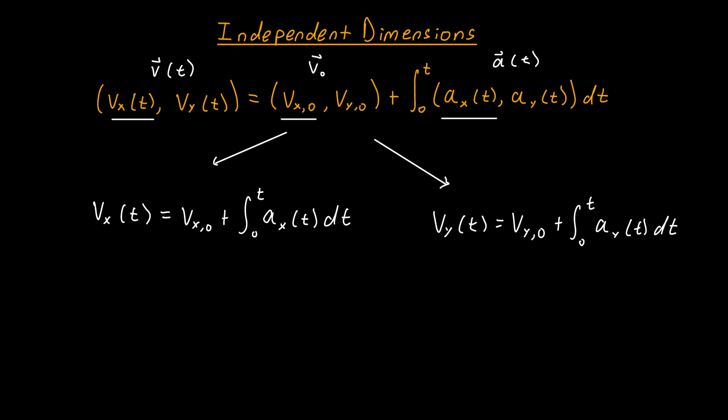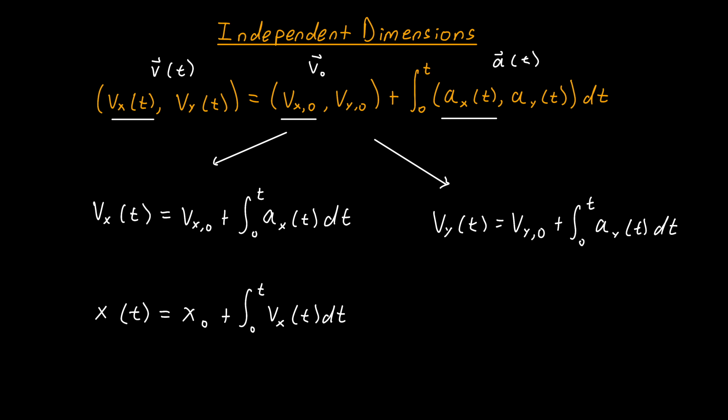Now we can keep going. Because we have this equation for vx of t, we can analogously derive the position over time. So the x component of the position is going to equal the initial x component, x0, plus the integral from 0 to t of the x component of the velocity, vx of t dt.